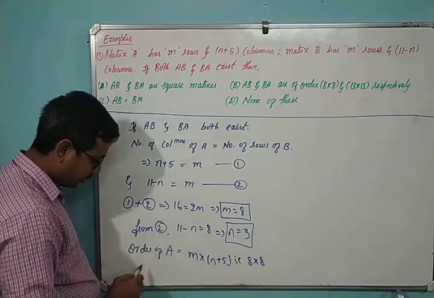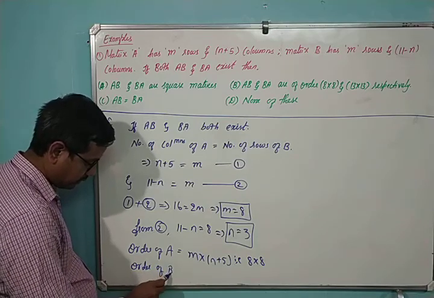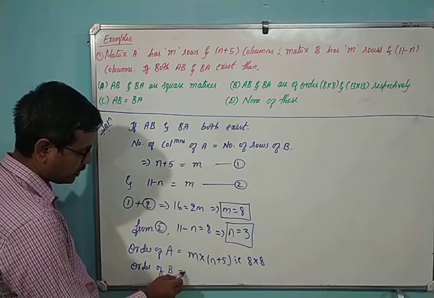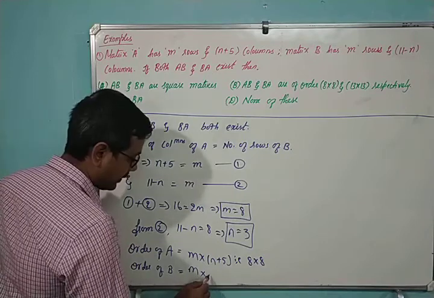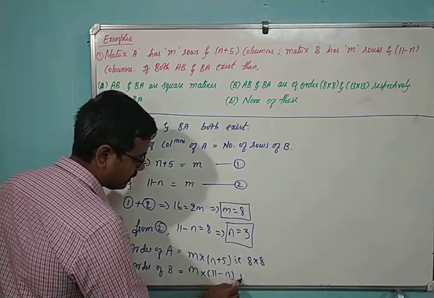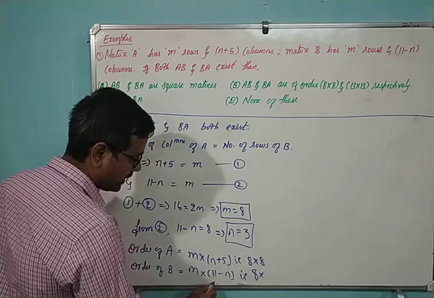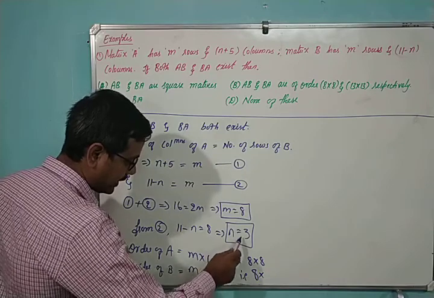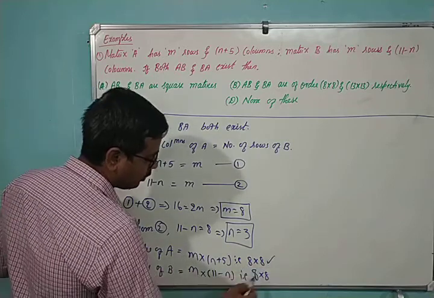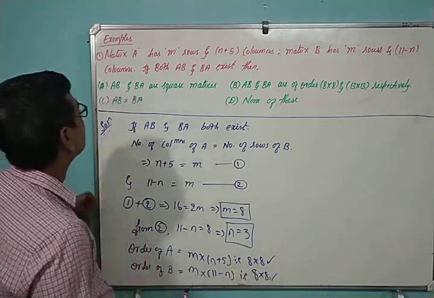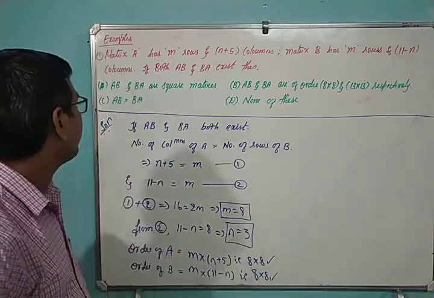Similarly, order of B is how much? Matrix B is rows m cross 11 minus n, that is m is 8 cross n is what? N is 3. 11 minus 3 is 8. So order of A is 8 cross 8, order of B is 8 cross 8. Right? So AB and BA are square matrices. 8 cross 8 means it is a square matrix.